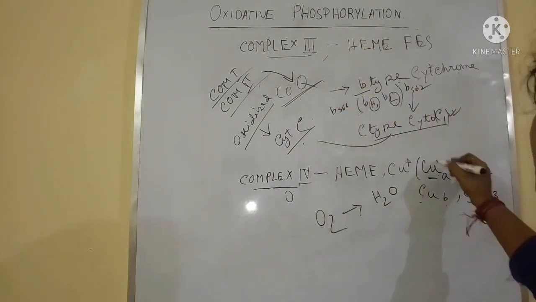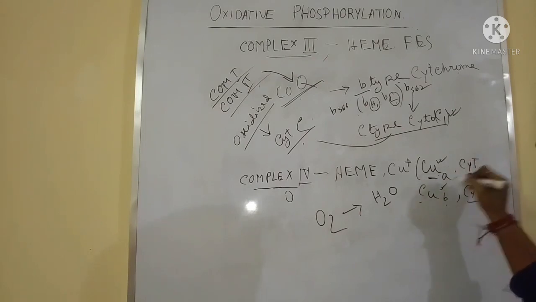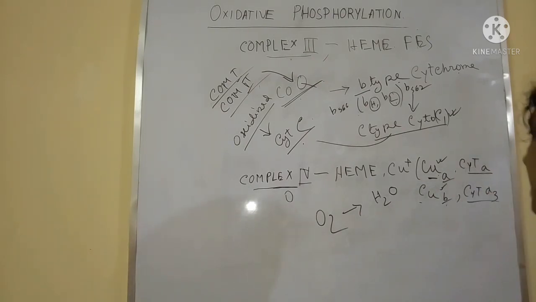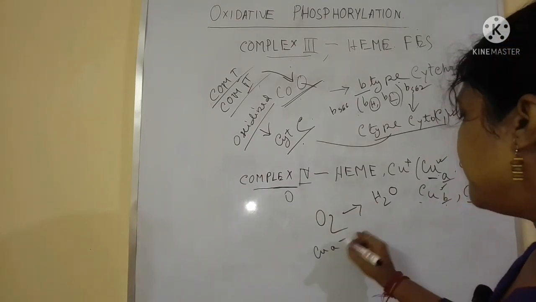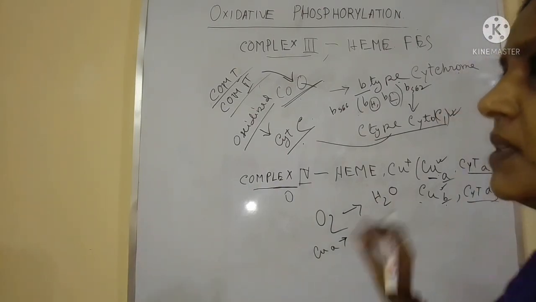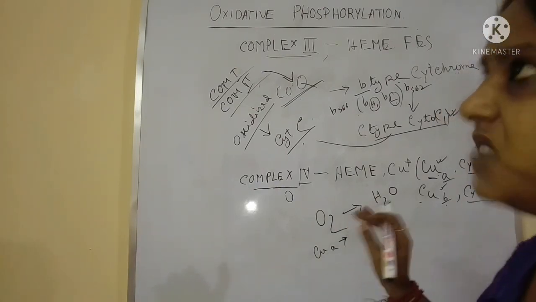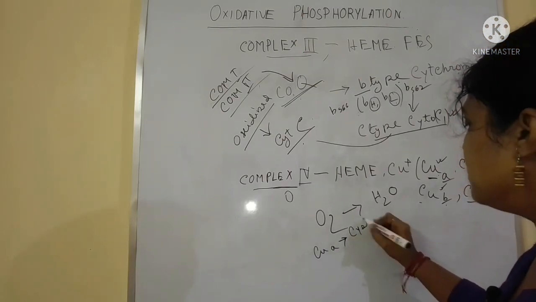And what is CuA and CuB? Why have we written CuA and CuB? CuA, actually, has a linkage, a residue present, that is cysteine residue.